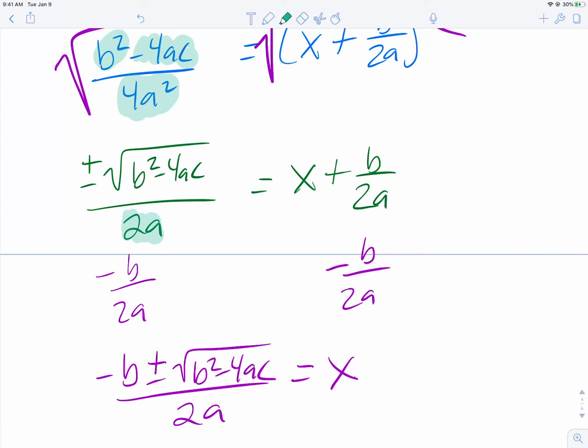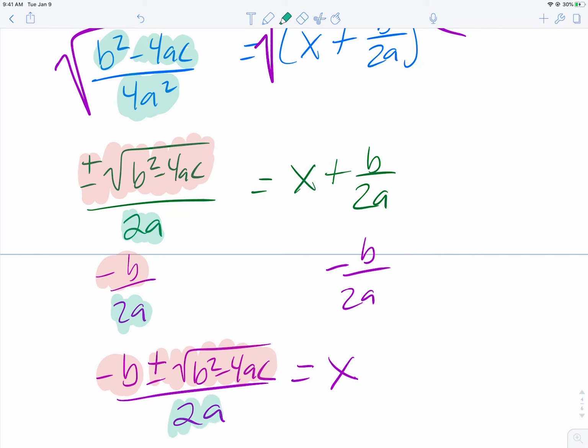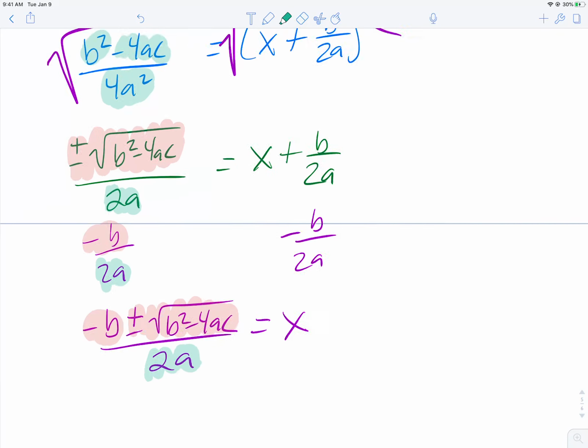But what's nice is they already gave you common denominators. So the numerator is a negative b plus or minus the square root of b squared minus 4ac, and our common denominator of 2a is already there, and there's the quadratic formula. Negative b plus or minus the square root of b squared minus 4ac all over 2a.